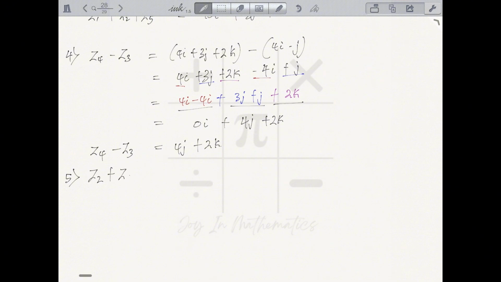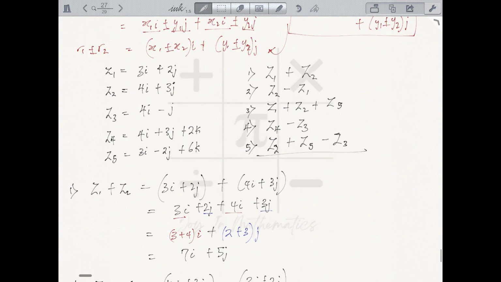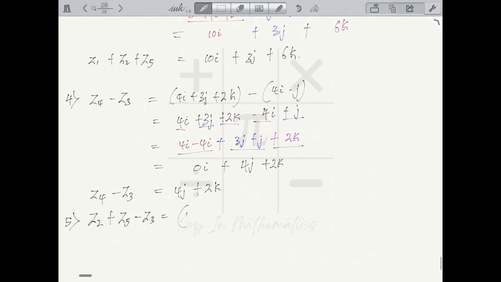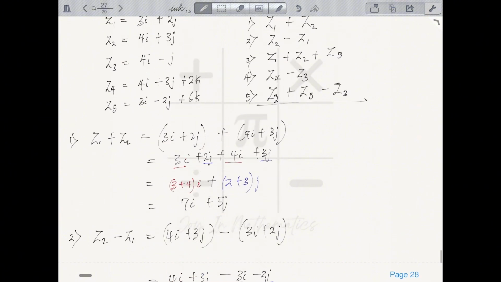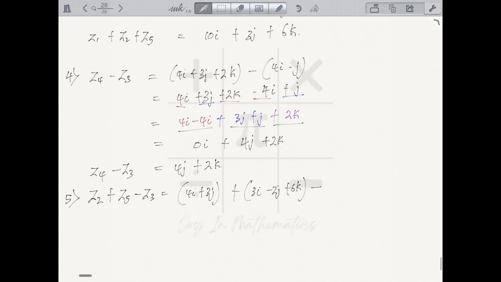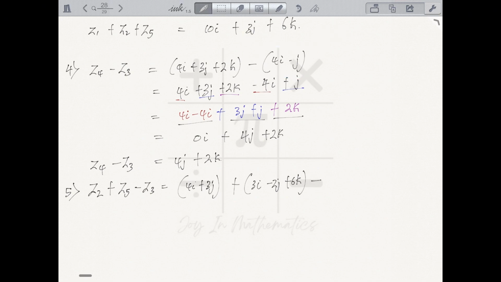z2 plus z5 minus z3. So what is z2? Vector z2 is given in the question as 4i plus 3j, and our z5 given in the question is 3i minus 2j plus 6k, and finally our z3 is equal to 4i minus j.